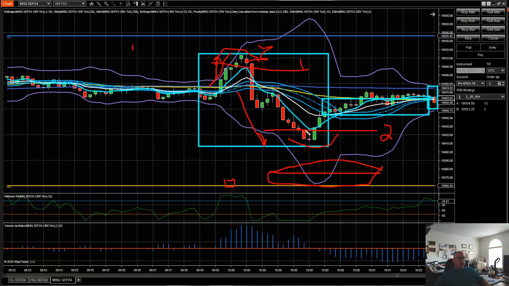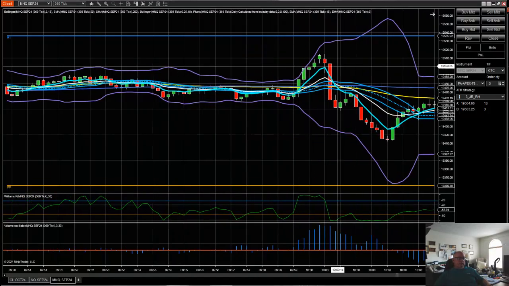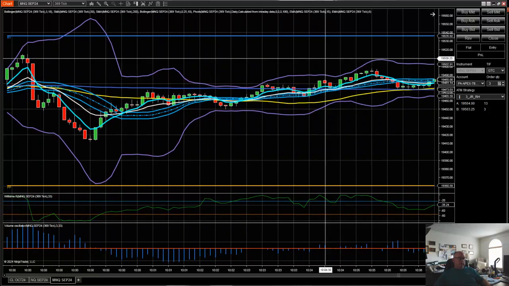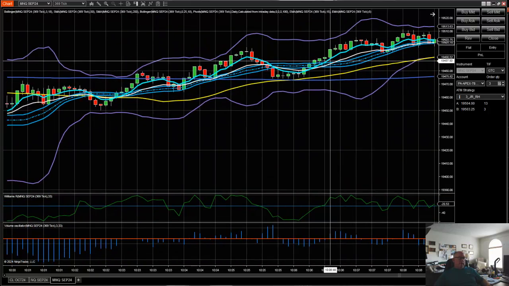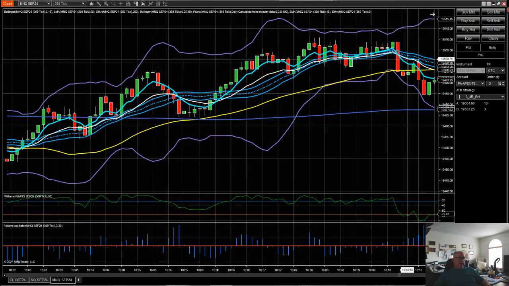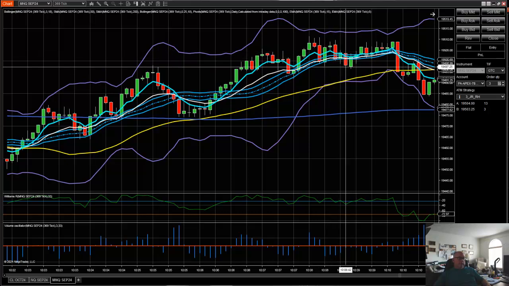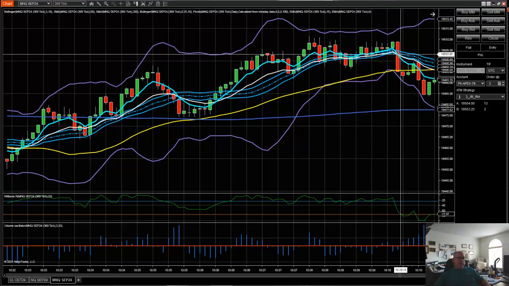But then I ended up getting this move right in here after the fact, and I was able to get back to positive. If we just show you this, I think that I came out right around here with it. Yeah, I got out before this moved down. So I was up here, might have gotten out here, might have gotten out on this bar.